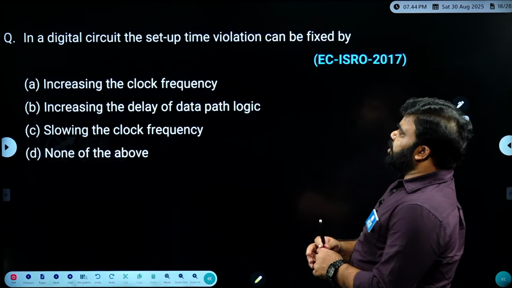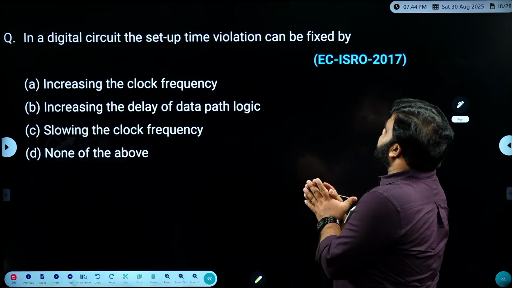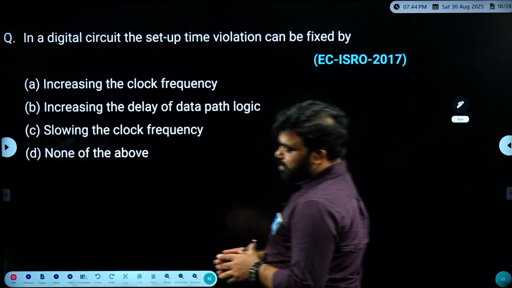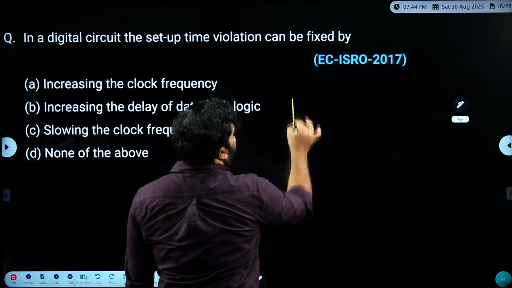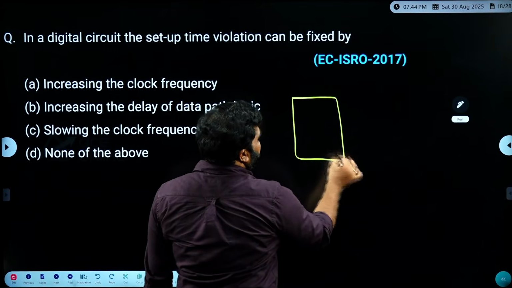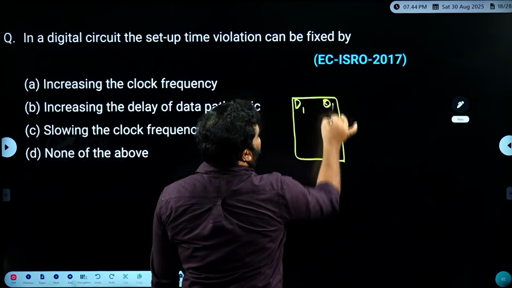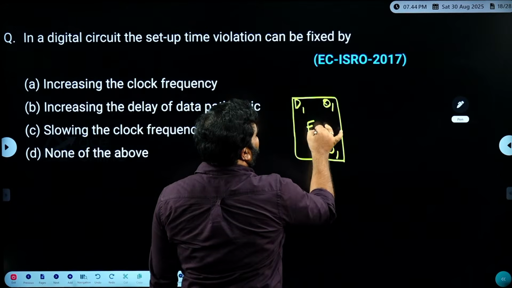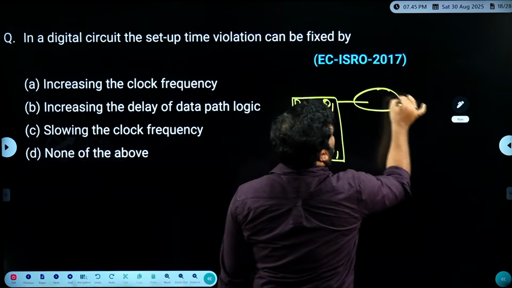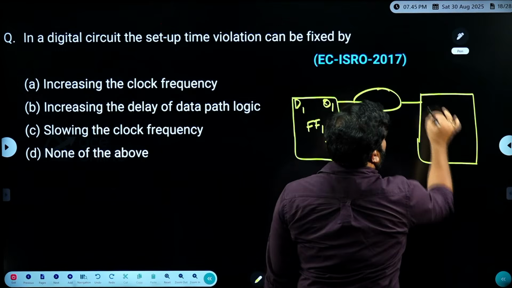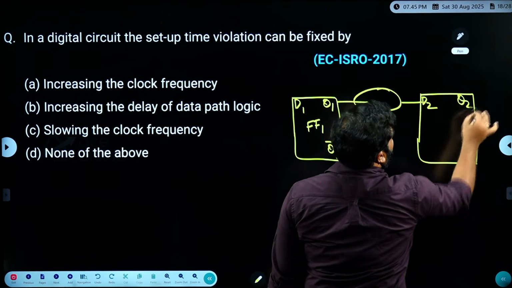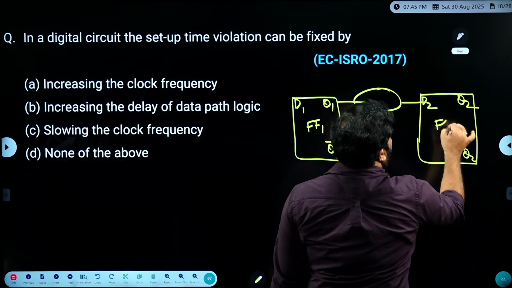In a digital circuit, setup time violations can be fixed by. So, what do we mean by setup violation? When two flip-flops are communicating, let me say here D1, Q1, Q1 bar, FF1, and there is a combinational circuit. Then let me take another flip-flop, D2, Q2, Q2 bar, FF2.